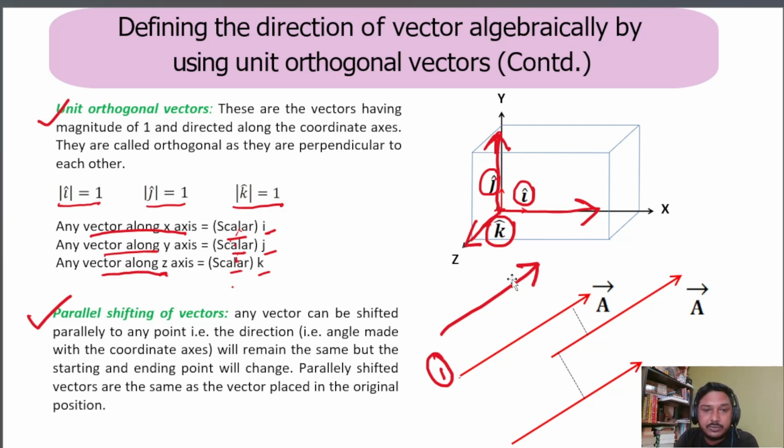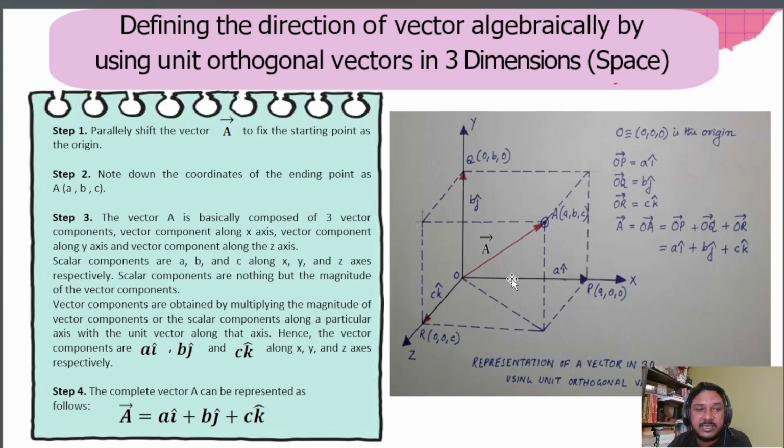Okay, so with these concepts, now we will see how to define a vector algebraically in 3 dimensions. Step 1 is to parallelly shift the vector A to fix the starting point at the origin. If you have a vector A in 3 dimensions, you have to shift the vector parallelly until one end of the vector is fixed at the origin.